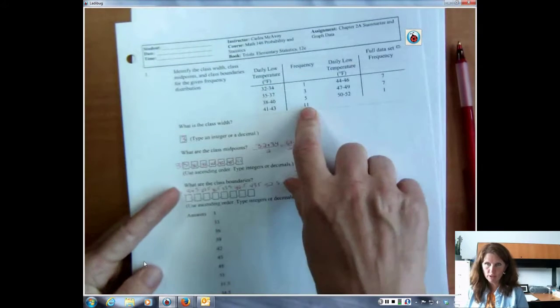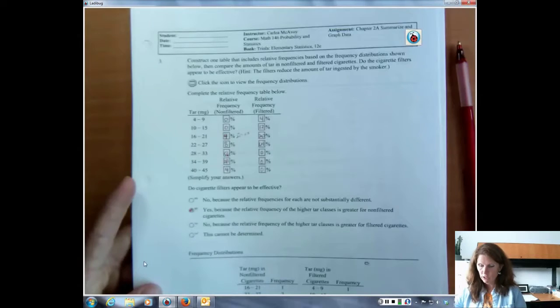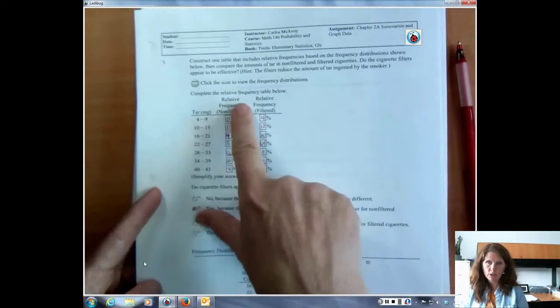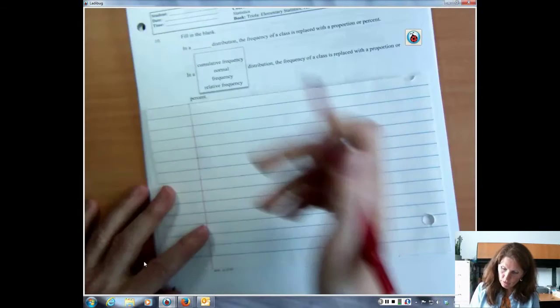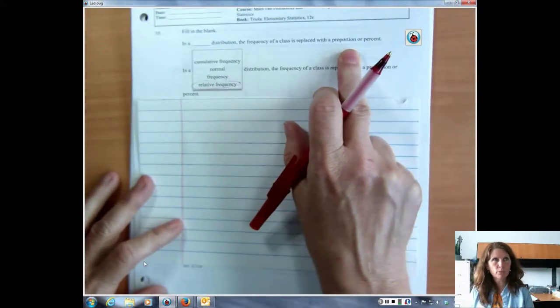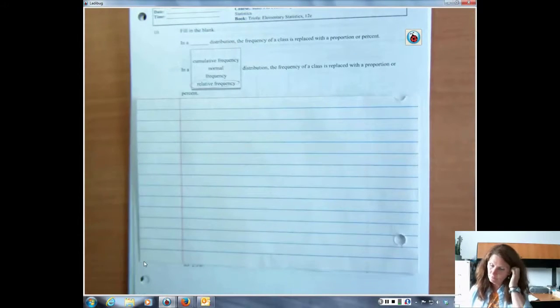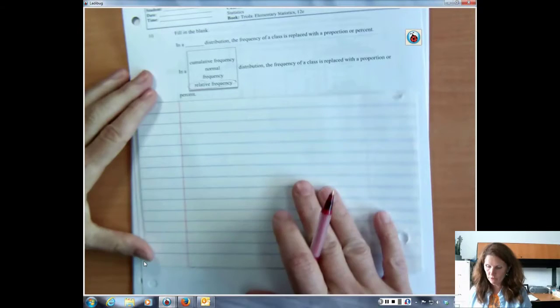Once we change those into percentages, then that's a relative frequency. That's the difference between those two. So we have a relative frequency when we talk about a proportion or a percent. As a percent, we actually put the symbol. As a proportion, it's left as a decimal. Those two things are a little different.